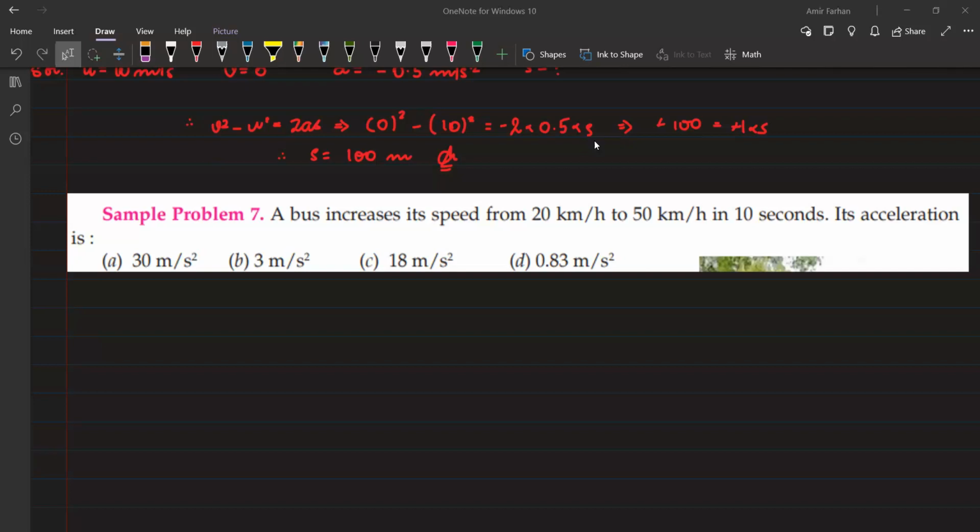Anyone want to answer? Anam, did you solve the question here? Sir, I am solving it. Okay, check it. I got one more answer. Rafi said, okay, Rafi.